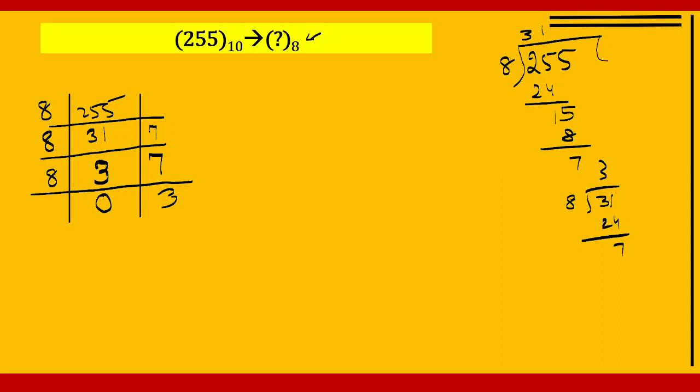So we will read all the remainders again from bottom to top, and our final answer is 377. This is your most significant octal digit and this is your least significant octal digit. Writing the answer in the wrong direction will give me wrong results. So be careful in writing your answer.